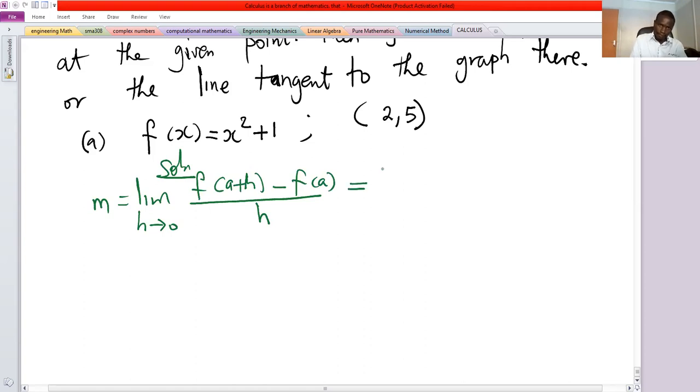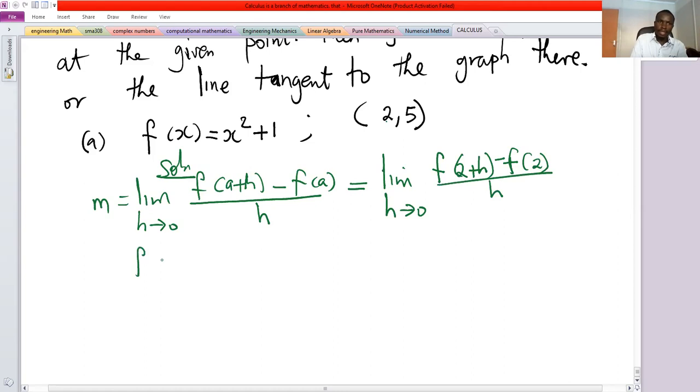Here a is 2, so it will be the limit as h approaches 0 of f of 2 plus h minus f of 2, divided by h.